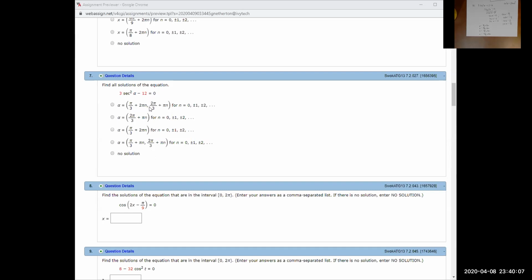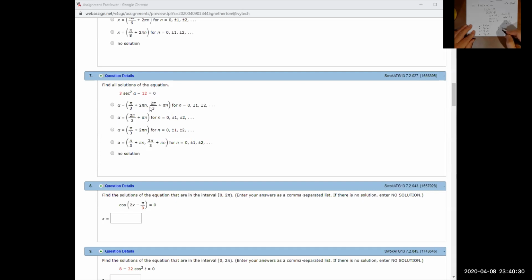So on my piece of paper, I can't show it to you, I'm going to look at n's and then look at my solution. So when n is 0, and I'll show you this later on, I have two solutions, pi over 3 and 2 pi over 3.